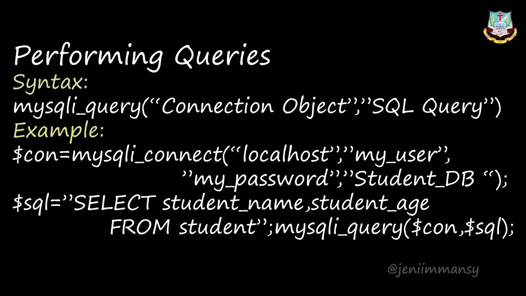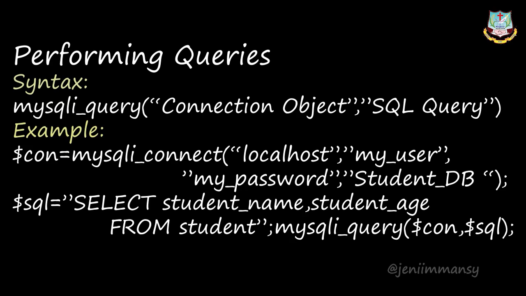In the brackets, we are giving localhost, my user, my password, student_database. Everything must be inside double quotes, all of this mentioned inside the brackets, and this line will end with a semicolon.